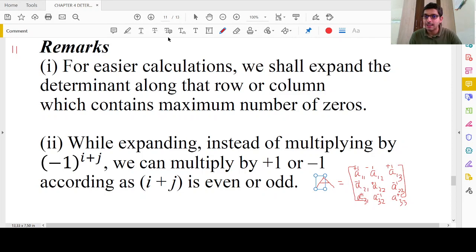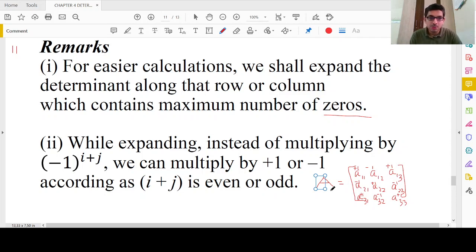But for easier calculation, we shall always expand along that row or column which contains the maximum number of zeros. And while expanding, instead of multiplying each element by minus 1 to the power i plus j, the sum of the suffixes, we can multiply by plus 1 or minus 1 according as i plus j is even or odd.